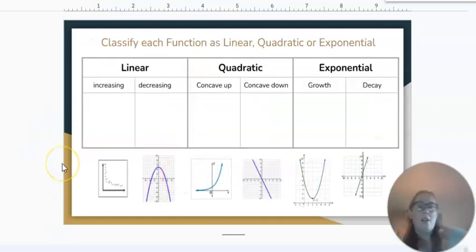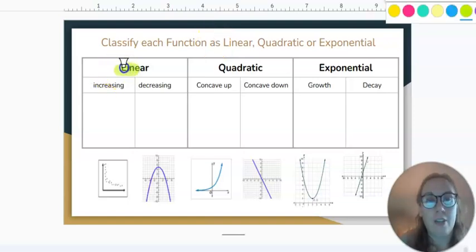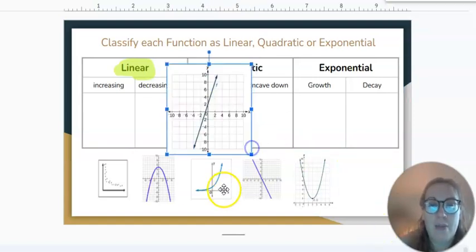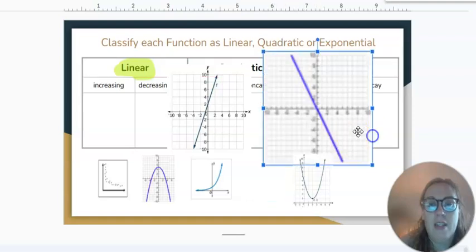Okay, so with linear, a lot of the times we're thinking, is it increasing or decreasing? So remember, our linear functions make a straight line. So we look for the ones that have a straight line, and there's two here. There's this one and this one.